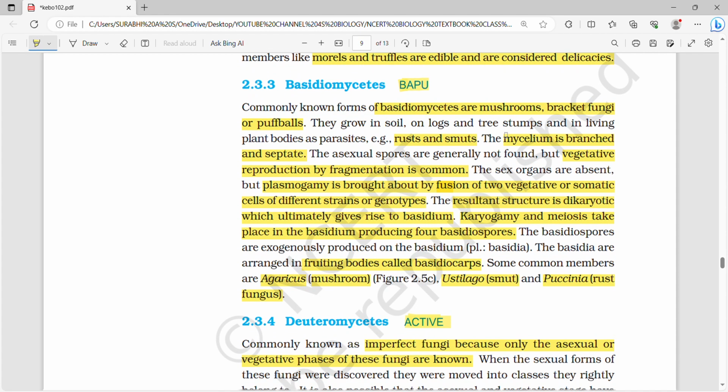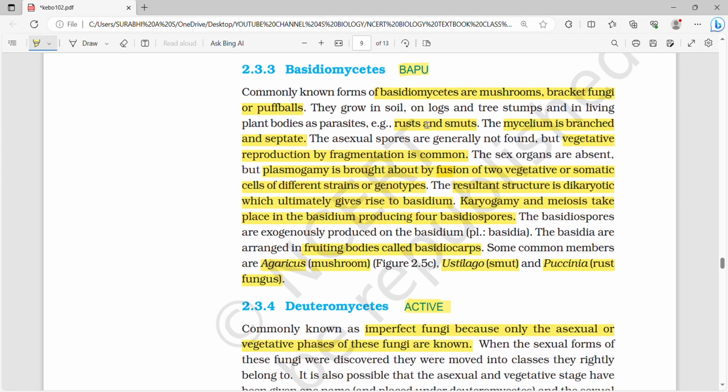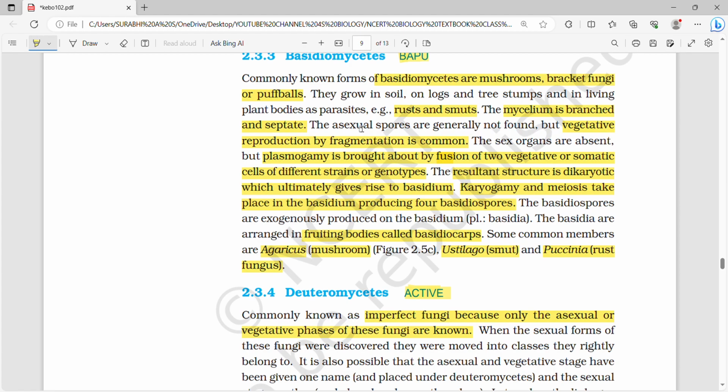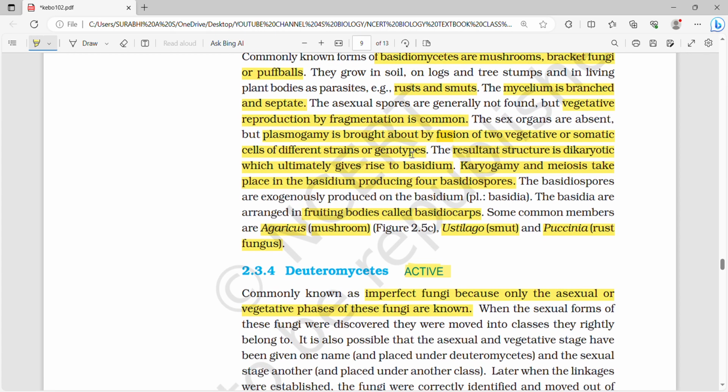Next comes basidiomycetes. Common forms are mushrooms, bracket fungi, or puffballs, and examples of parasites are rust and smut. Here the mycelium is branched and septate again, and vegetative reproduction by fragmentation is more common.